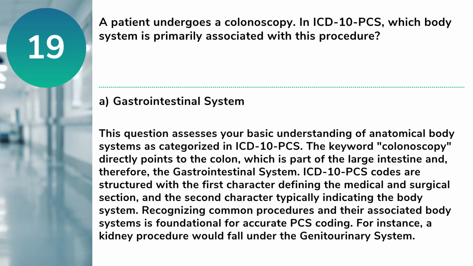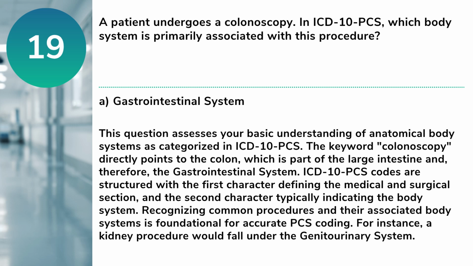Answer: A. Gastrointestinal system. This question assesses your basic understanding of anatomical body systems as categorized in ICD-10-PCS. The keyword colonoscopy directly points to the colon, which is part of the large intestine and, therefore, the gastrointestinal system.